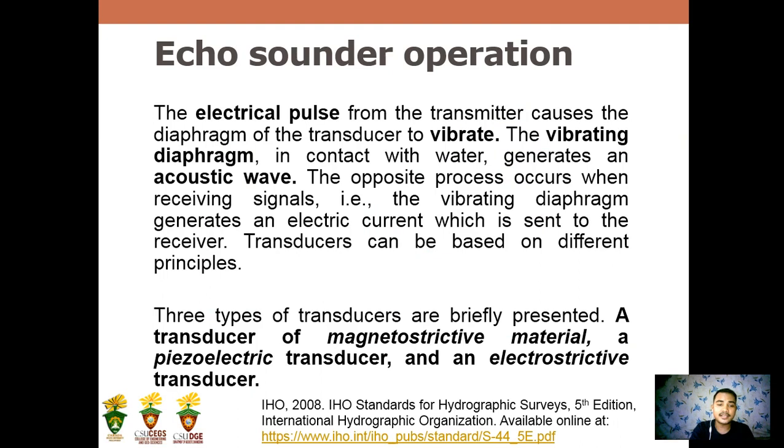So the electrical pulse from the transmitter causes the diaphragm of the transducer to vibrate. The vibrating diaphragm, which is in contact with water, then generates the acoustic wave. So from the electrical pulse, there is a diaphragm in the transducer that vibrates, and the vibrating diaphragm generates the acoustic wave.